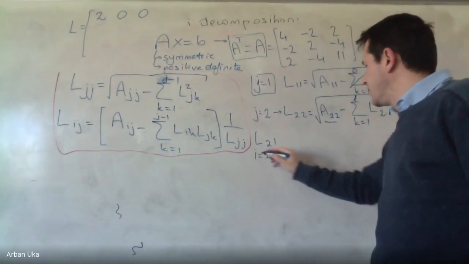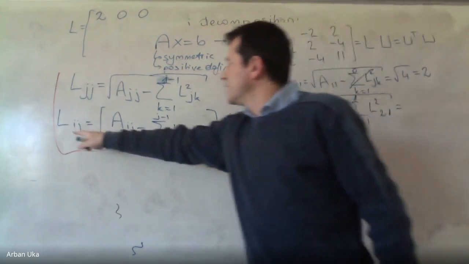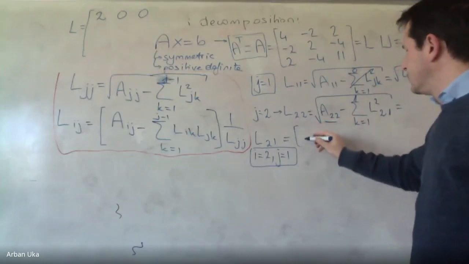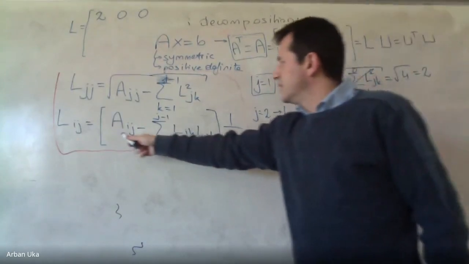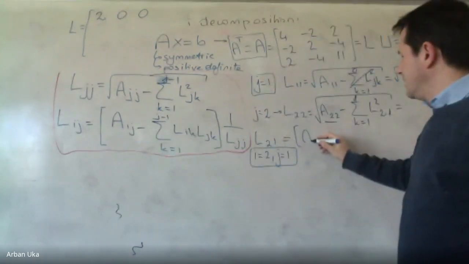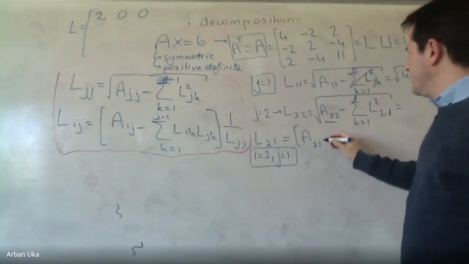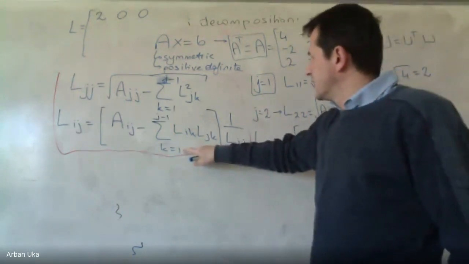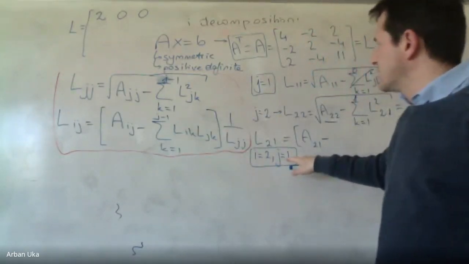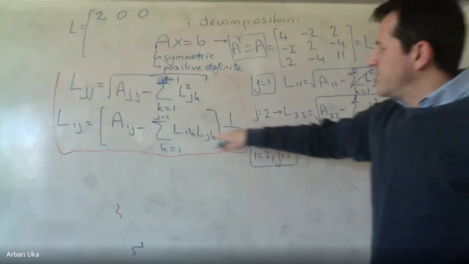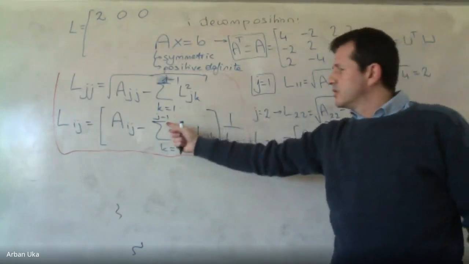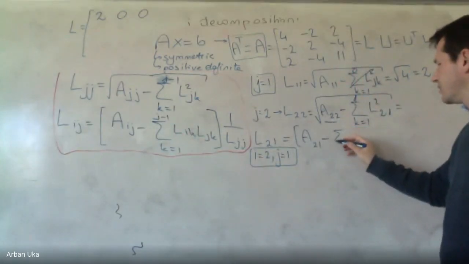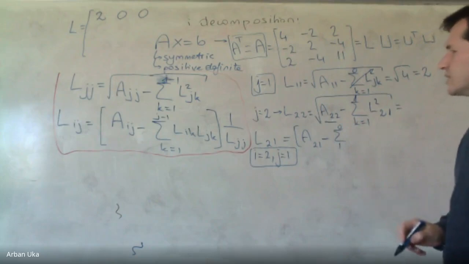So L21 is equal to A21 minus the summation from K equals 1 to J minus 1, which is from 1 to 0, which does not make sense.